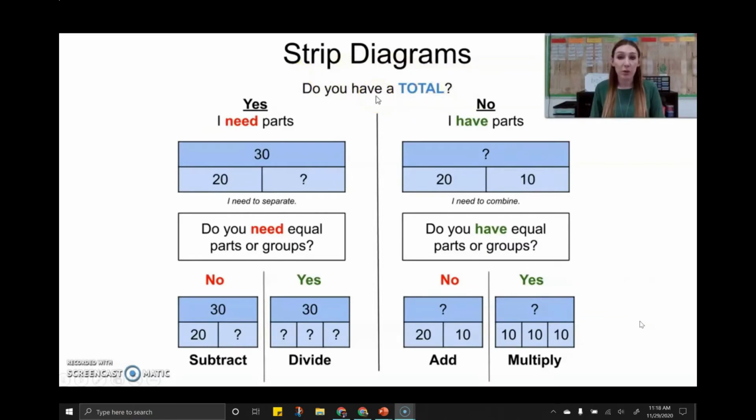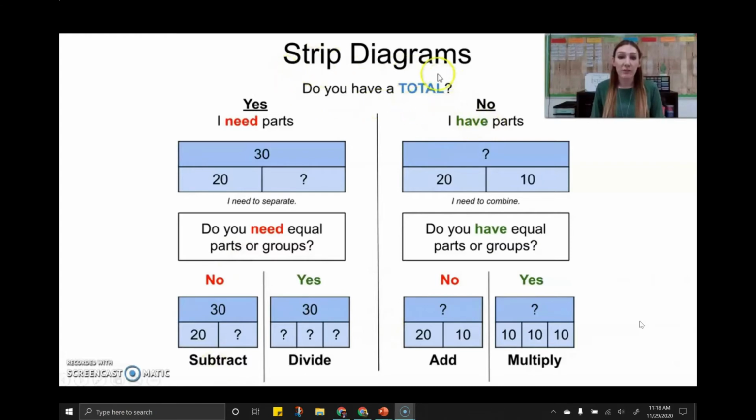So in our word problem, we're looking for a total, or we already have a total. If we already have a total, this means that we need parts. So then we're going to ask ourselves, do we need equal parts or groups? If we answer no to that, we don't need equal parts or groups, we know we're going to be subtracting. If we answer yes to that, we do need equal parts or groups, we're going to divide.